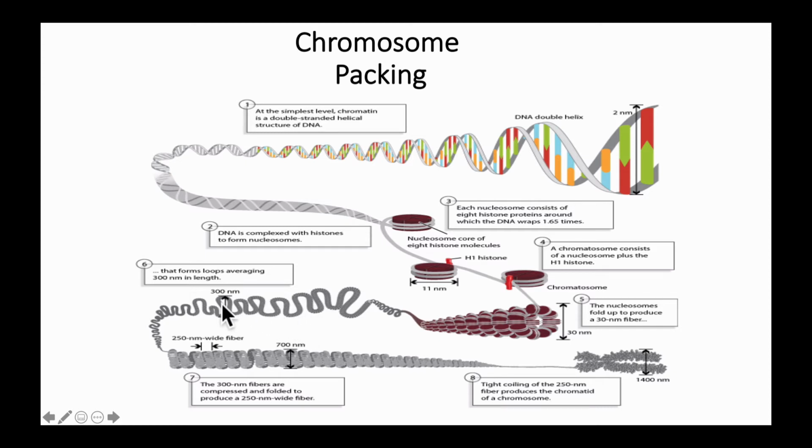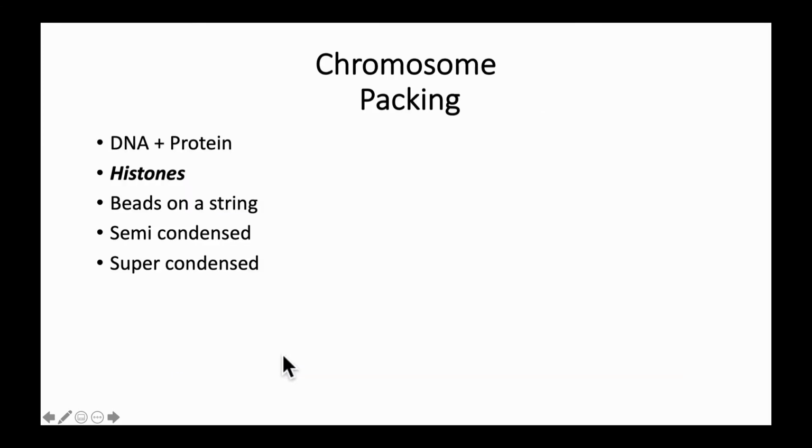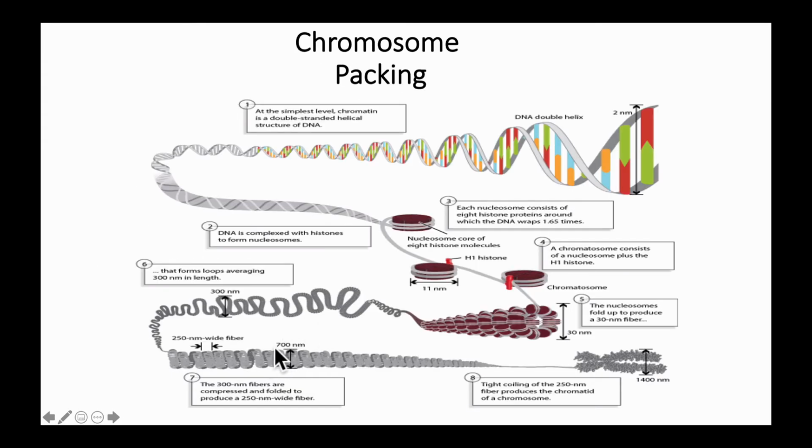And then these loops start to condense even further, so they start to get wider. From that point on, they start to coil up even more. They start to supercoil. And that's essentially what we end up having over here. At this point, they start to compress and arrange themselves on these scaffold proteins, which eventually leads us to this chromosome structure that we see.